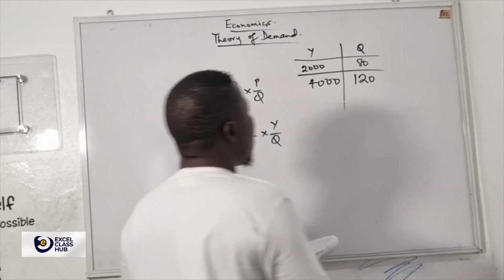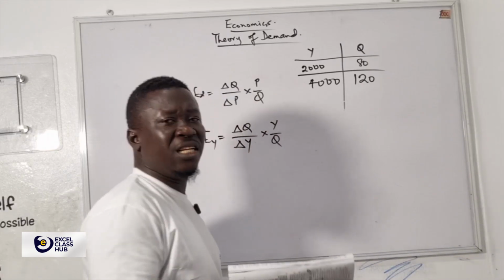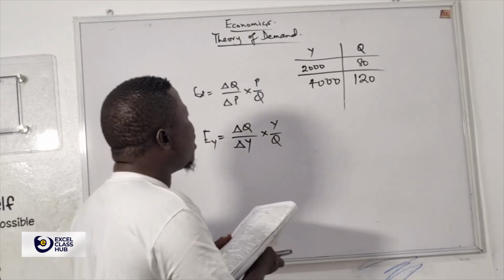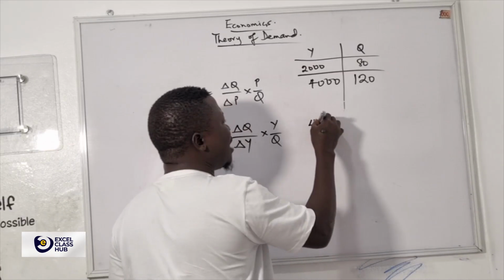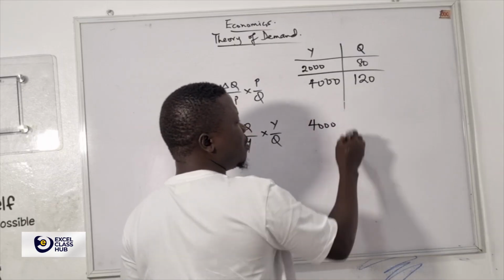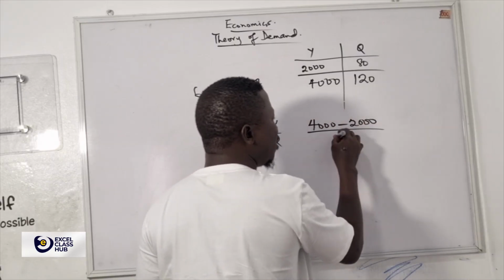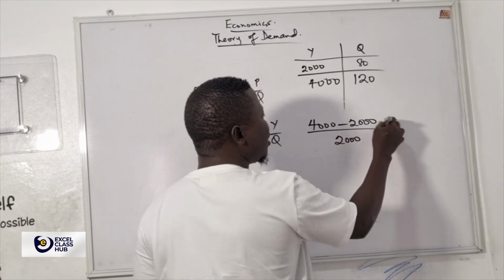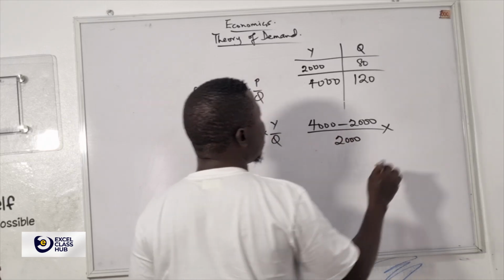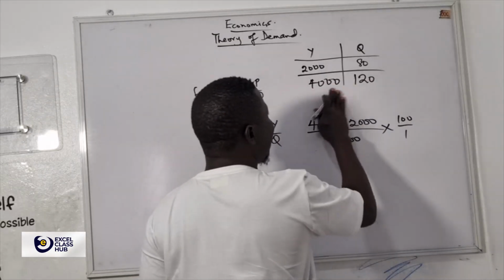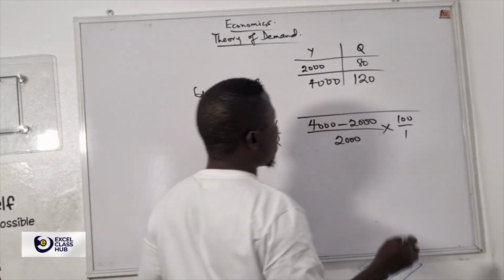On the question, which one now is the old and the new? The new is 4,000 naira minus 2,000 naira, divided by 2,000, times 100 over 1. And don't forget, the quantity comes up.